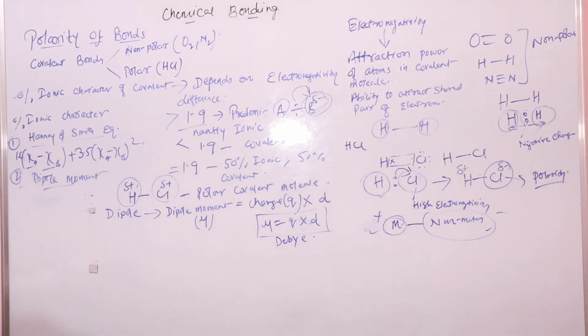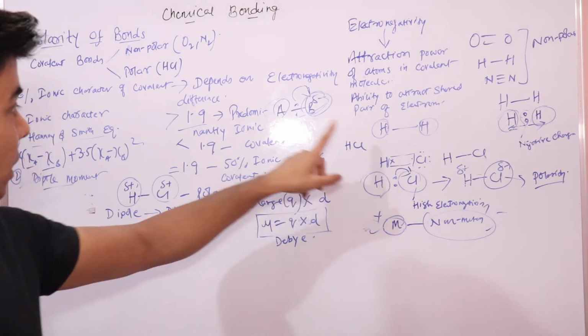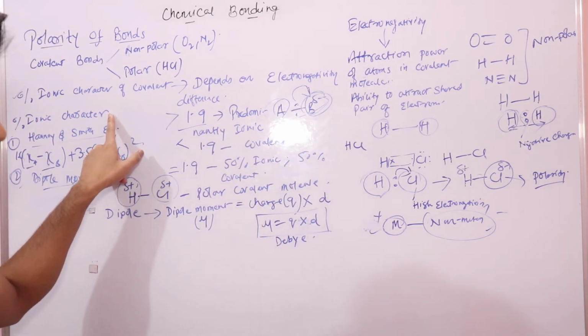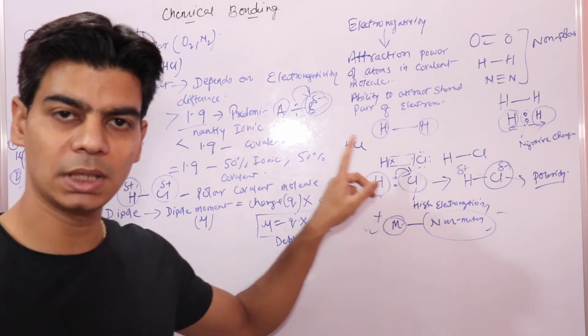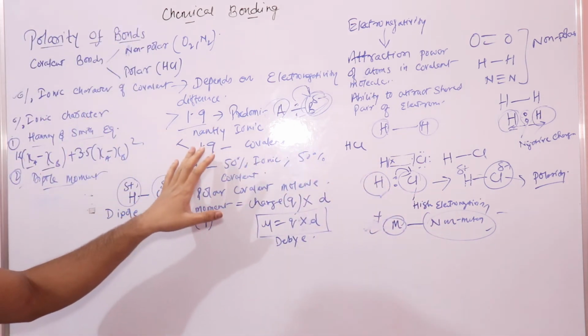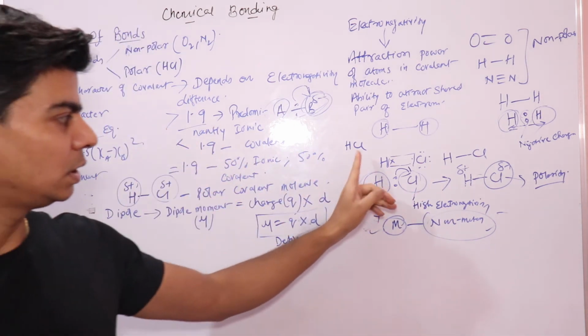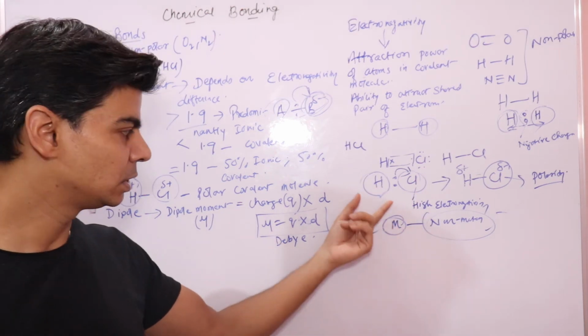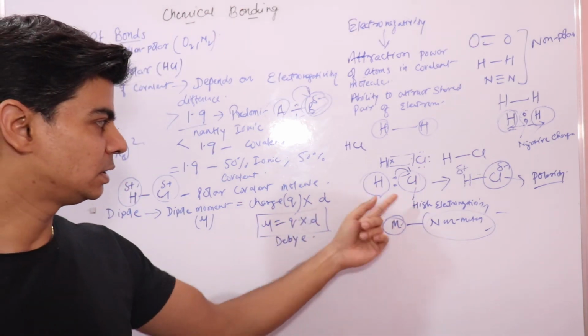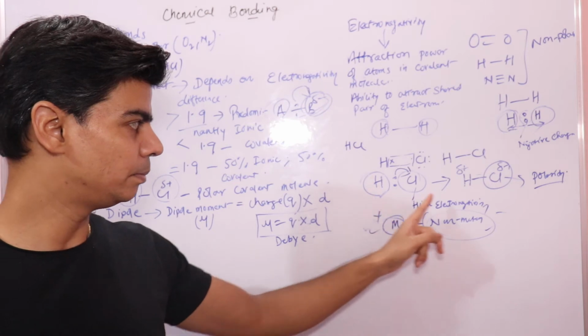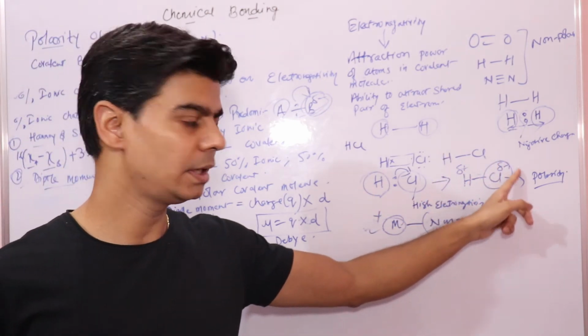So be clear with the polarity, because once you understand the polarity, you can think of ionic character. Polarity means charges. We know that an ionic bond has positive and negative charges. Once you understand how polarity develops, you know polarity makes one end positive, one end negative.